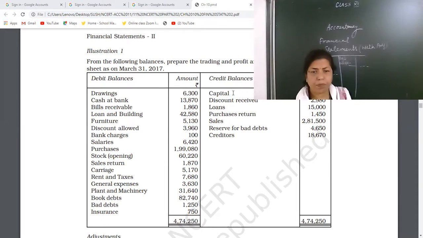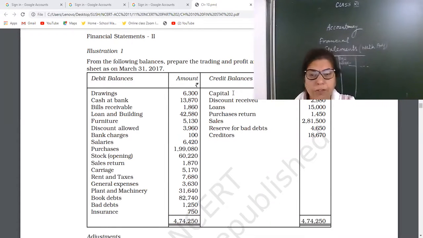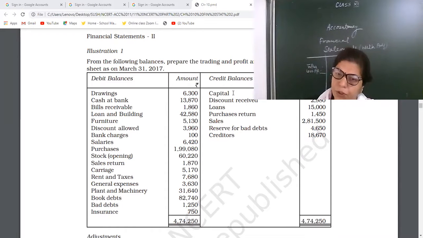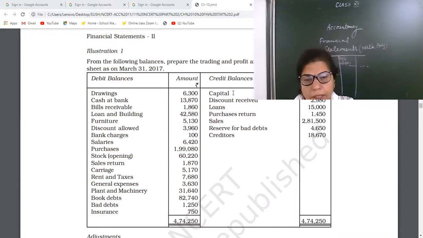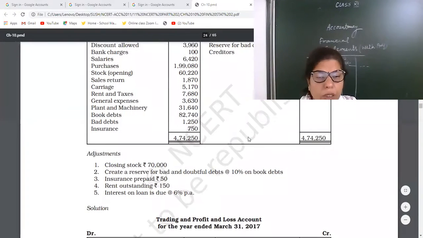Now see. Sales, credit side of trading account. Then reserve for bad debts, that is for P&L account, and creditors. Creditors are termed as liability for the business.